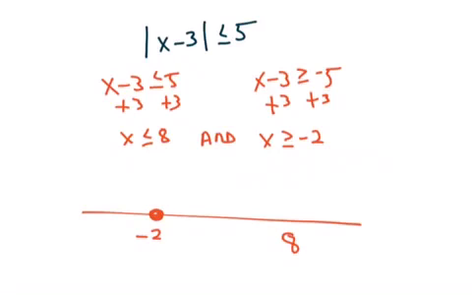So here's our boundaries. And since these overlap, it's an and, we graph in between. It turns out we can generalize this that whenever we have absolute value and we have less than, we can automatically conclude that it is an and problem.